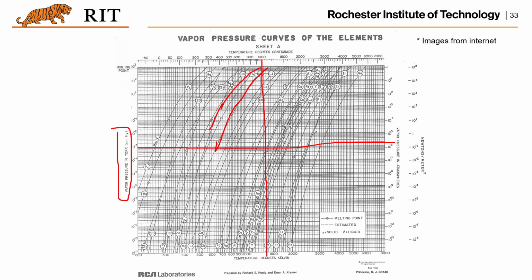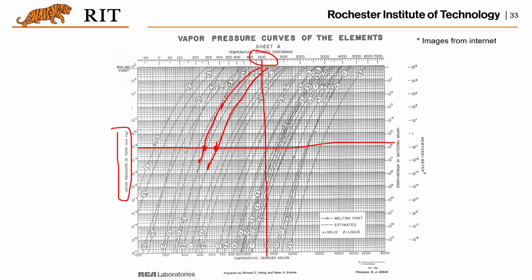You will have the two intersection points of the curves with this pressure, and you can look at the temperature: that is 300 C, and this one is around 400 C. But the melting temperature is 1000.